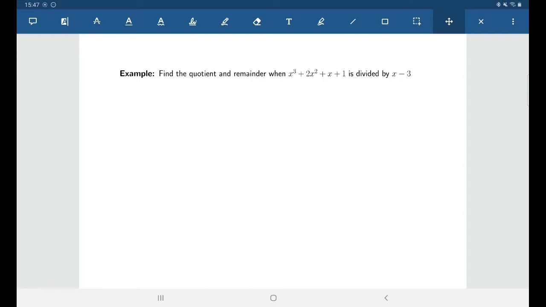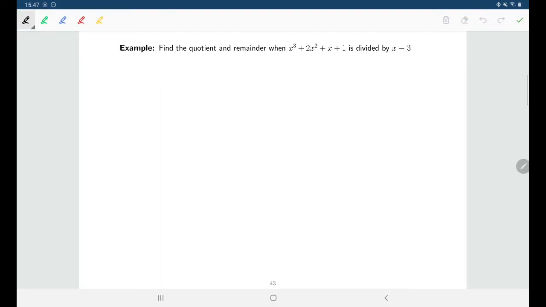So here I'm going to be dividing one polynomial by another. I've got x cubed plus 2x squared plus x plus 1. Let's write that out. And we're dividing it by x minus 3. Okay, so let's get ready to start dividing here.